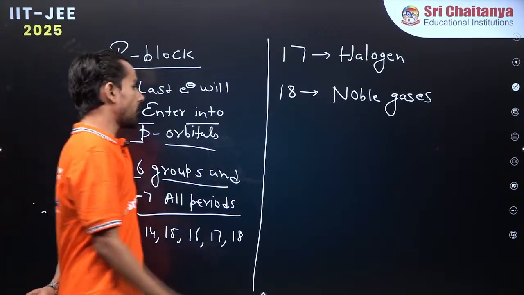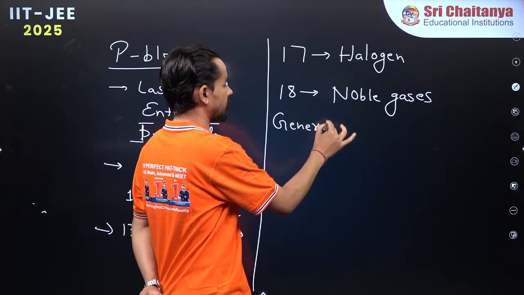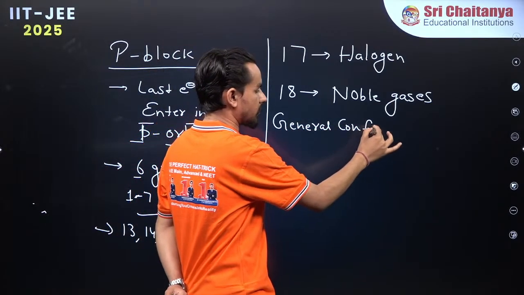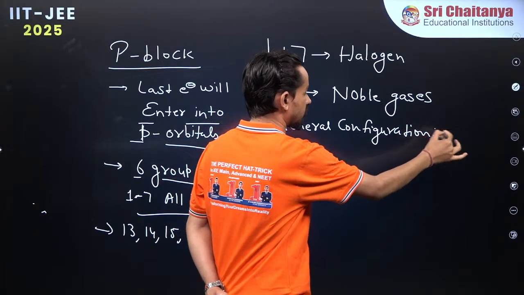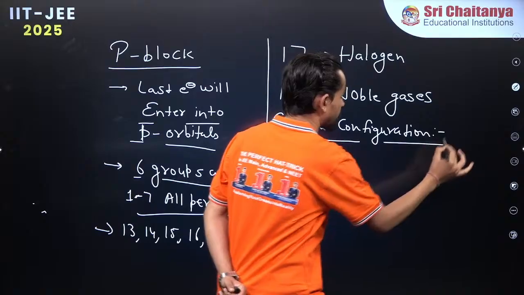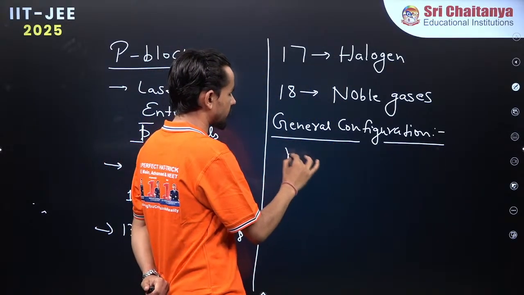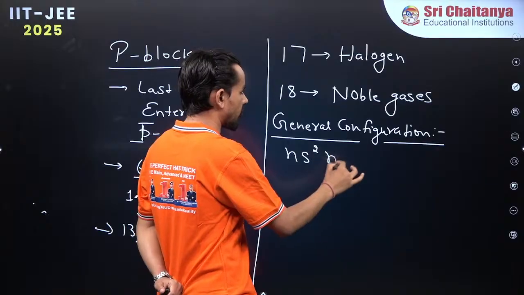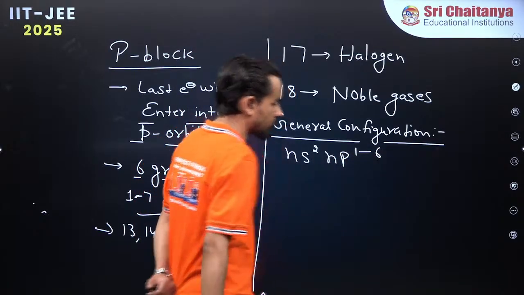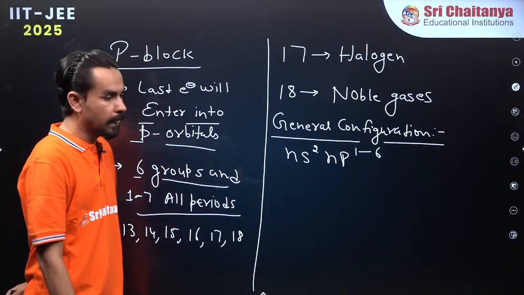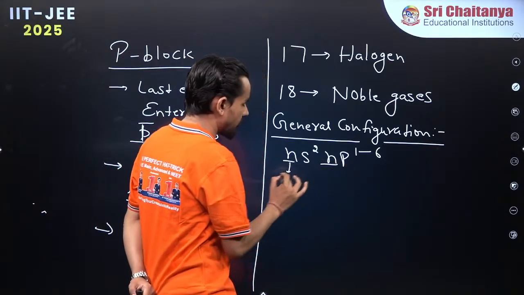Apart from that, their general configuration is what? It is ns2 np1 to 6, where n is the number of the period.